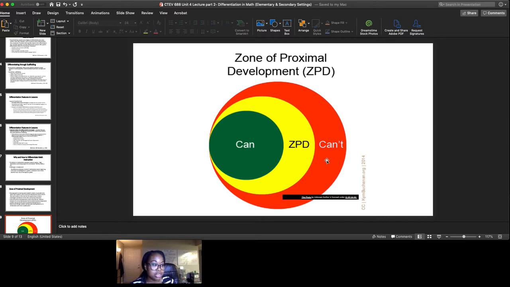The red zone is can't, and then their zone of proximal development is in between the can and the can't. So it's your job to build between these two areas and ensure that students can bridge into the can and don't decline or go back to what they can't do because they may not feel comfortable in the environment or confident in the environment.